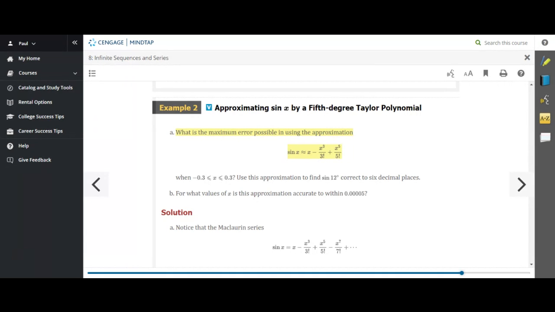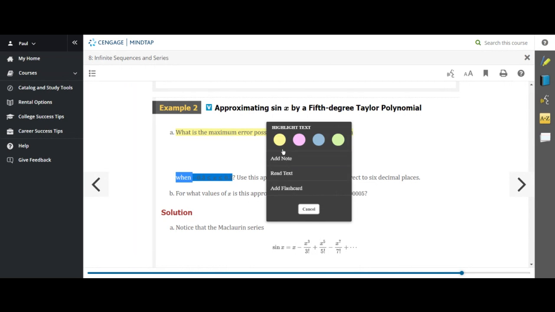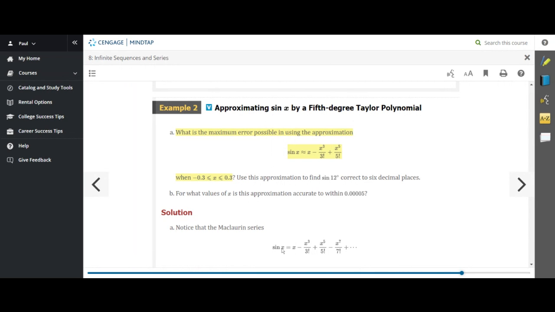And then they say, okay, let's just focus on the first part, when x is between negative 0.3 and 0.3. On the second part, when it says you find the sine of 12 degrees correct to 6 decimal places, you know how to do that.